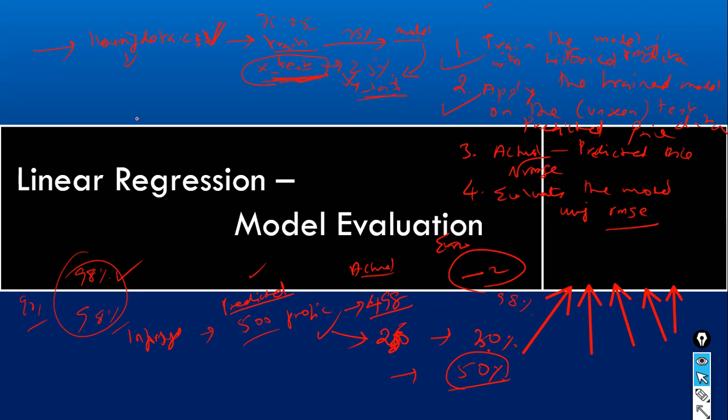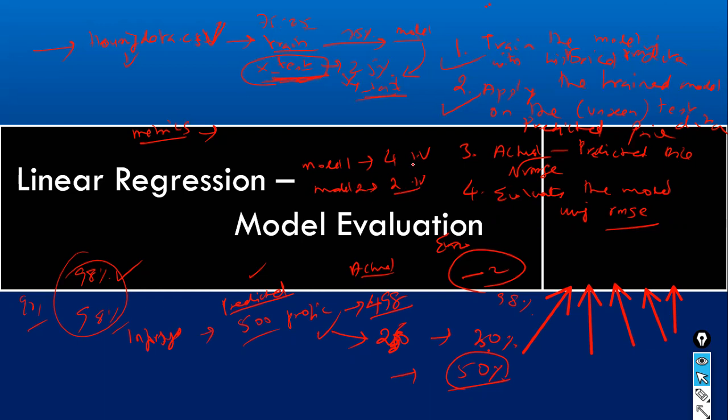Now somebody asked, what is a metric? It's something like, we use some standard values, but when it comes to RMSE, there is no standard value. So in this case, we create more than one model. Model 1 has all 4 independent variables, and Model 2 holds only 2 independent variables.